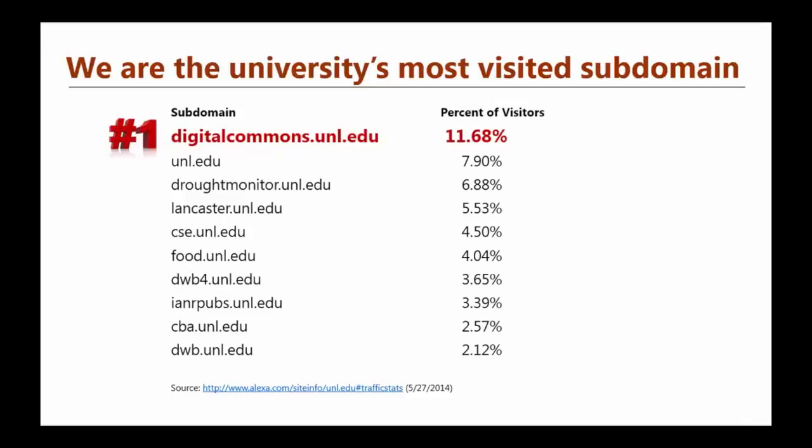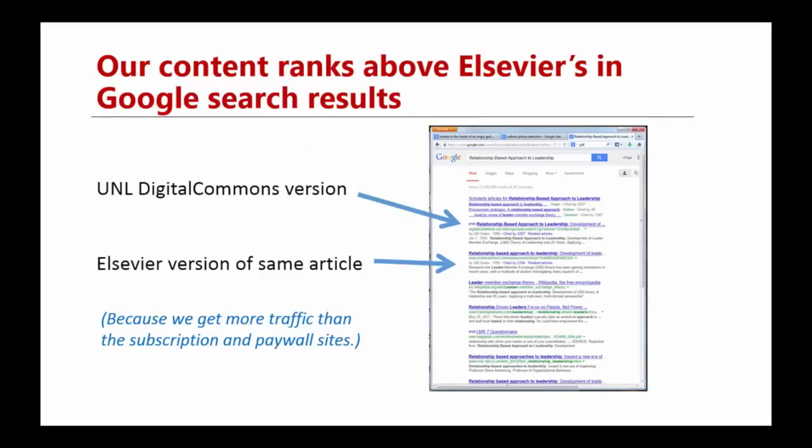We are the university's most visited subdomain, and at that time we accounted for almost 12% of university web traffic. I love that stat. Our content ranks above Elsevier's in search results.